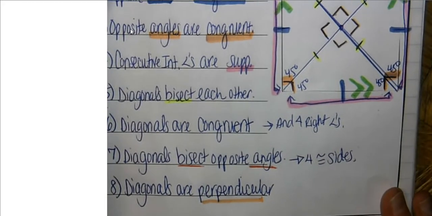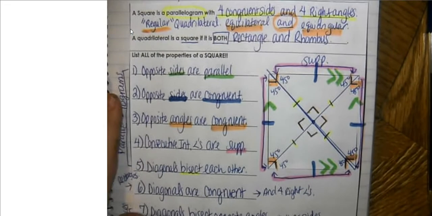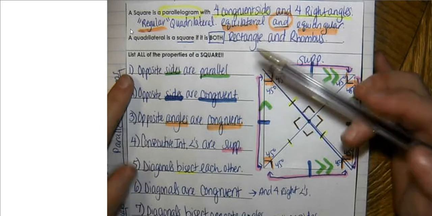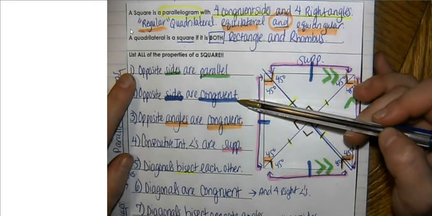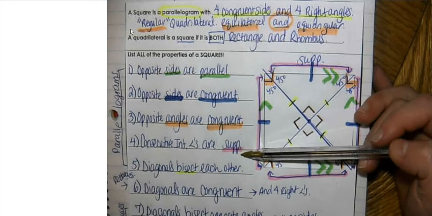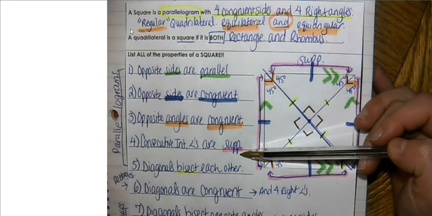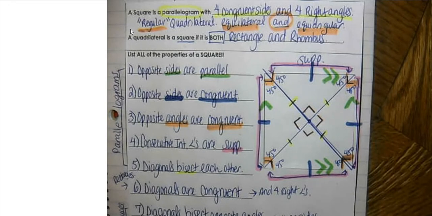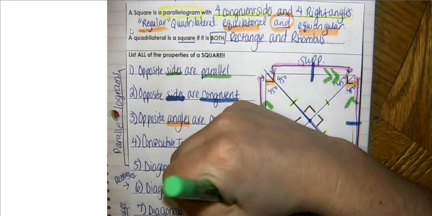And this is everything that you need to know about squares. So once again, it has all of the properties of parallelograms. Opposite sides are parallel, opposite sides are congruent, opposite angles are congruent, consecutive interior angles are supplementary, diagonals bisect each other, but we also have diagonals are congruent to each other.